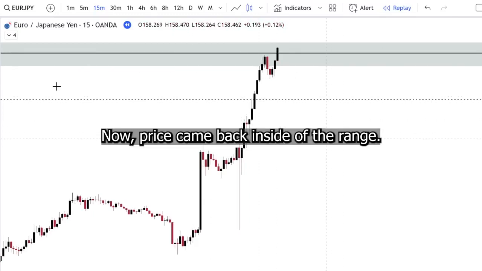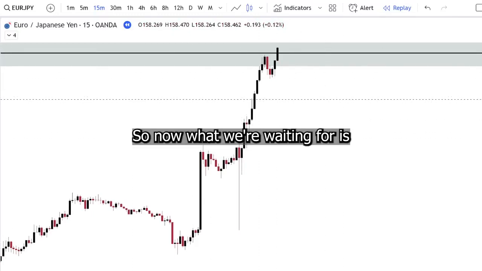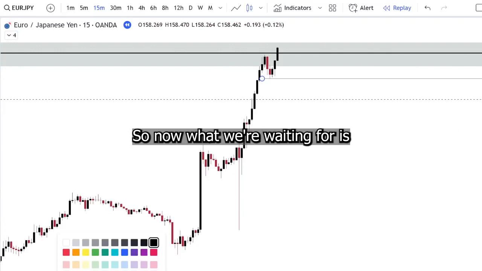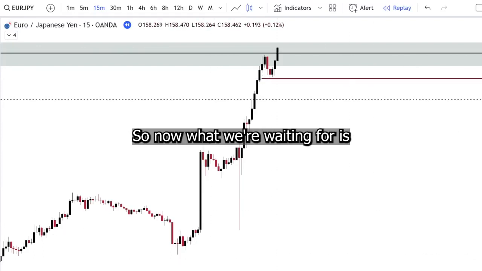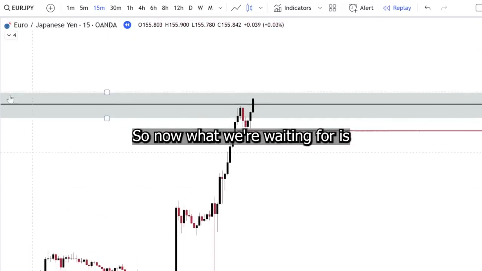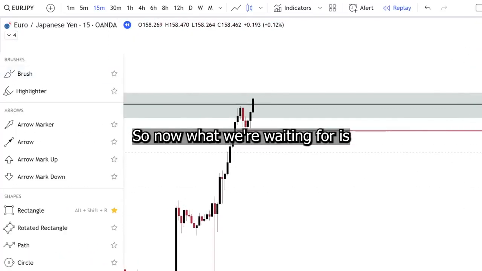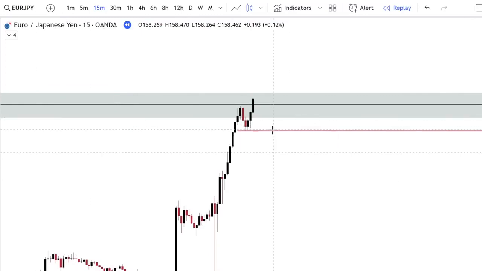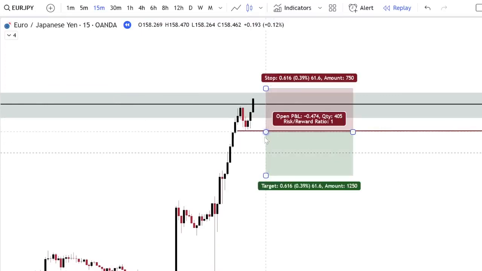Now price came back inside of the range. So now what we're waiting for is price to come below this level.